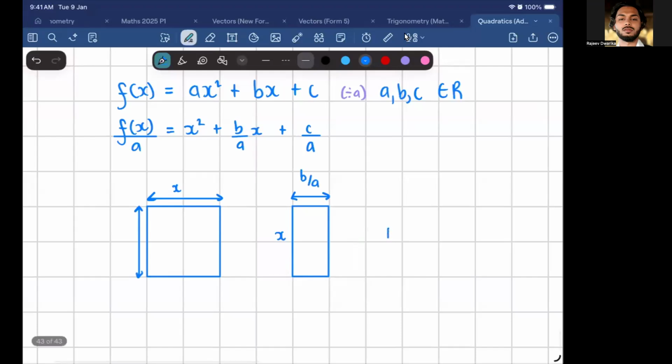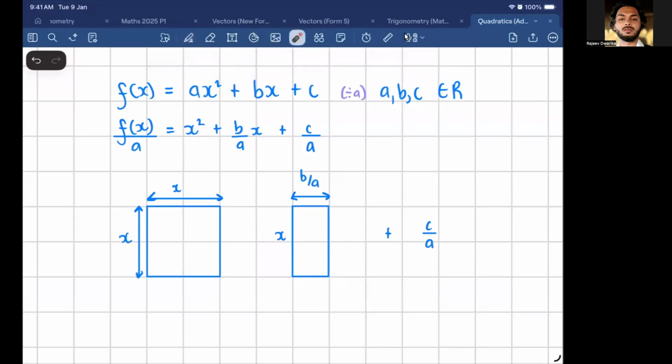And I'll put back the plus c over a. That's our number. c over a is a number. We will recall that just now. So, Serena, do you understand that we successfully took the algebraic expression and drew it out in diagram form? So this is x squared, this would be b over a x, and c over a is just c over a. So how much do you follow so far? Yes, sir. Okay, Zachary, do you follow?